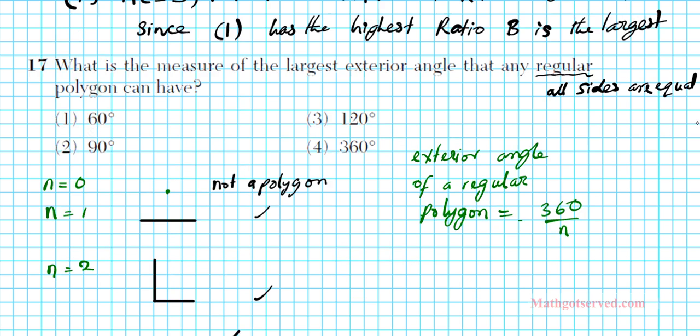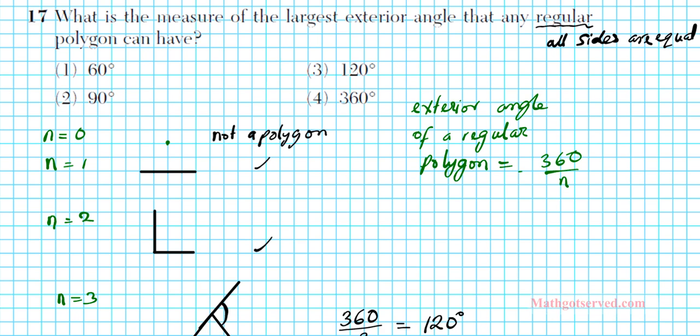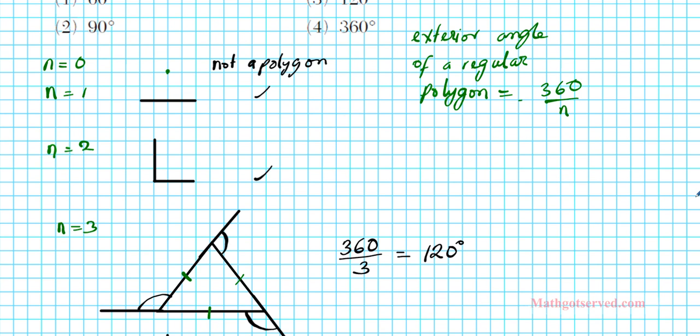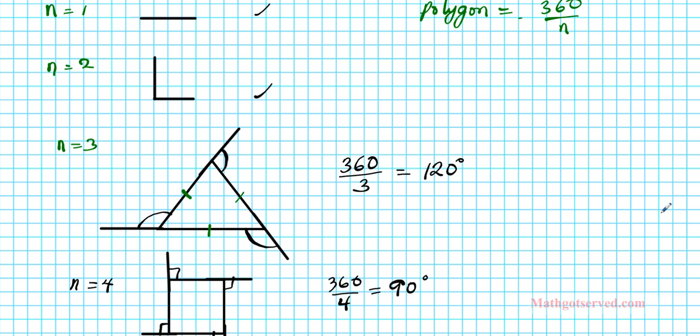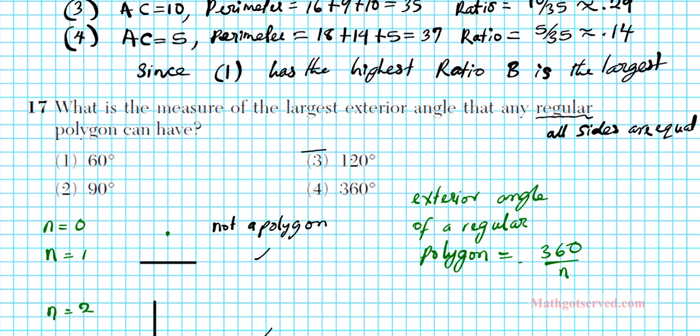The problem says, what is the largest exterior angle of any regular polygon? So the largest exterior angle a regular polygon can have is 120 degrees, and that's the case of a triangle. Okay, if you have a square, the angle is going to be 90 degrees, right? And it keeps getting smaller and smaller. So we can see here that our answer is option number 3.